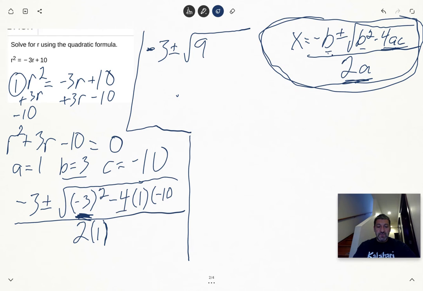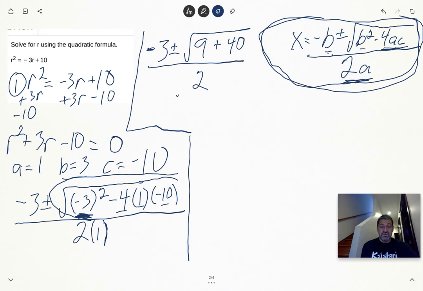And then the minus 4 times the 1 times the negative 10, that would give us positive 40. Okay, then on the bottom, we have 2 times 1 is 2. So essentially, all I did was I multiplied through inside the radical here, and it simplified fairly nicely.